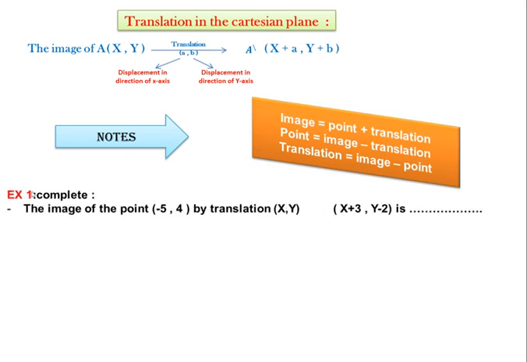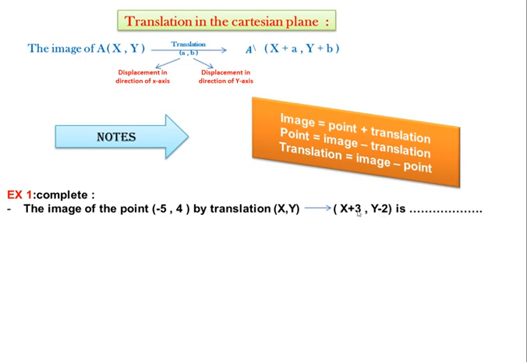Example number 1: complete the image of the point (-5, 4) by the translation x plus 3 and y minus 2. I mean x plus 3 is moving 3 units in the x direction, and y minus 2 is moving 2 units in the negative direction.